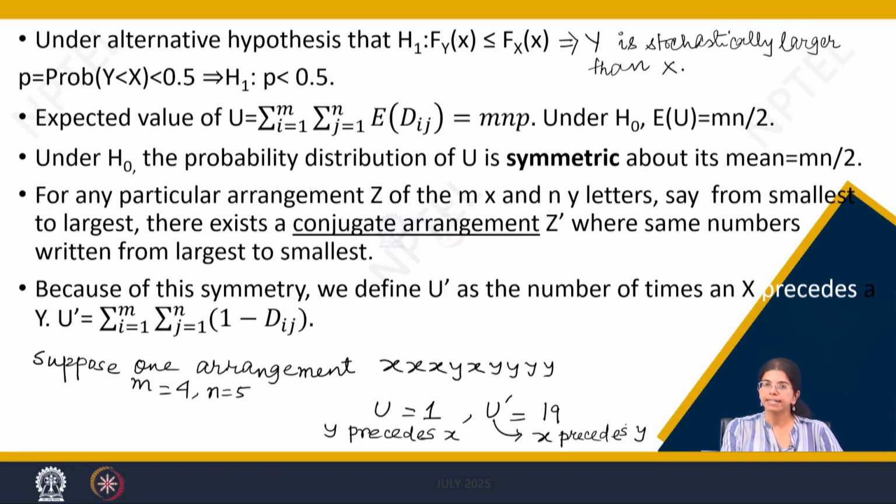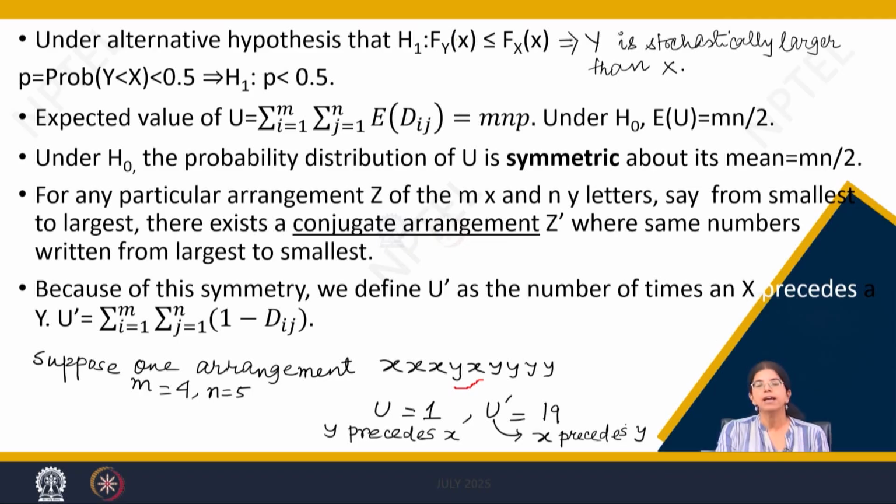How many y's are there? The value of n is 5. Then how many y precede x? You can see only this y precedes x. So, only this pair has y less than x, so U is equal to 1.